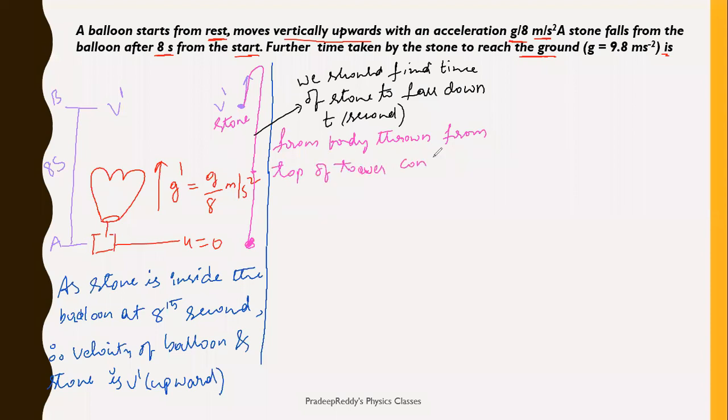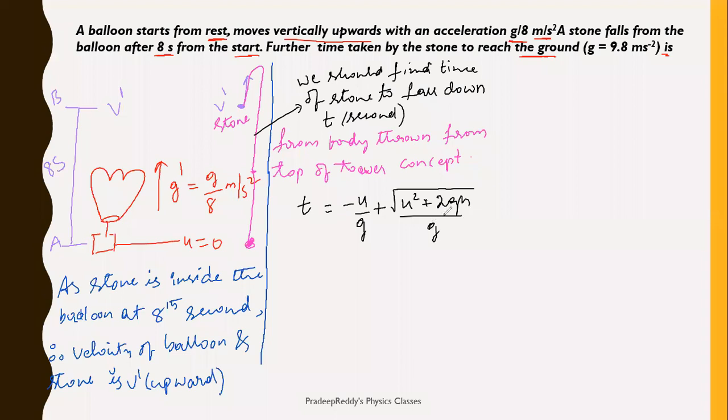We have the equation for time taken, that is equal to minus u by g plus under root u square plus 2gh, divided by g. This is the time taken, right? I hope this is the equation which we derived in the previous slide.